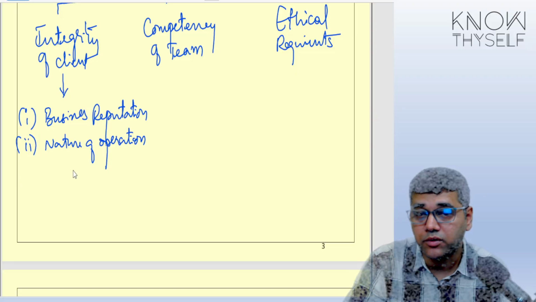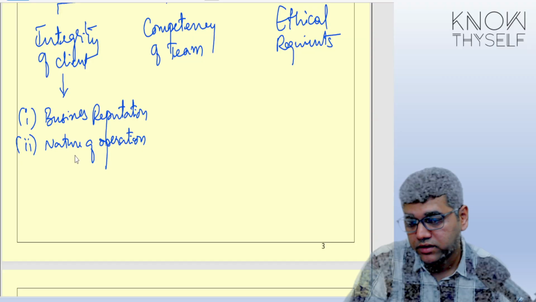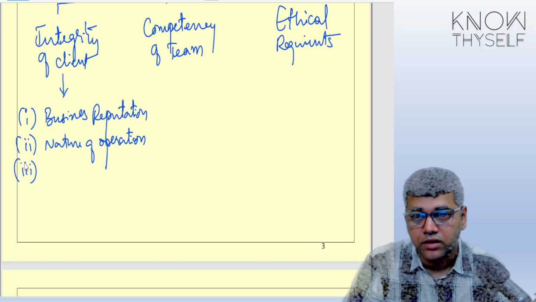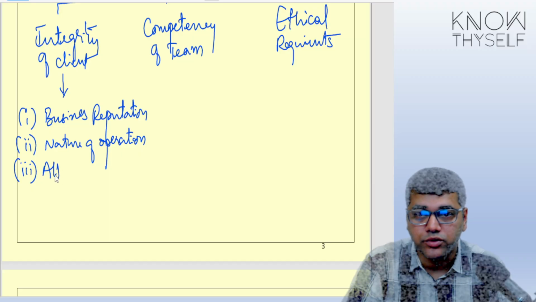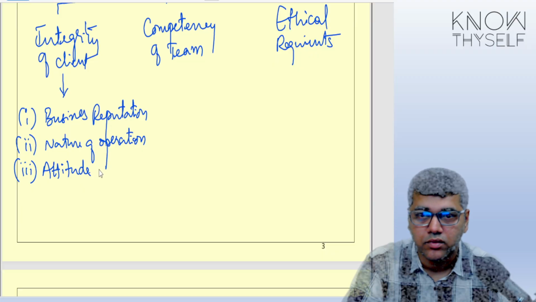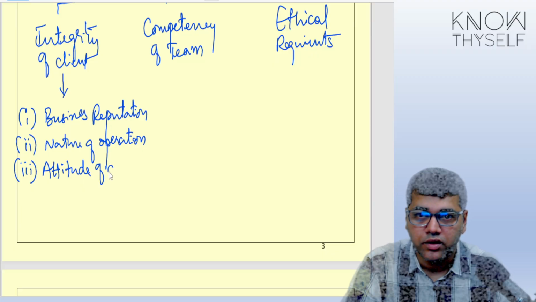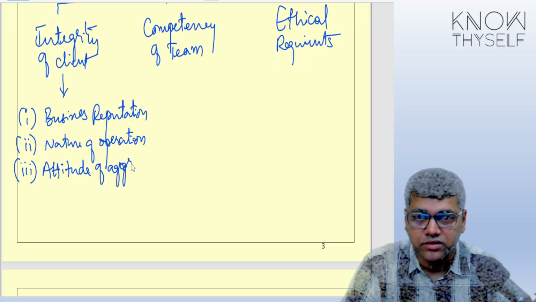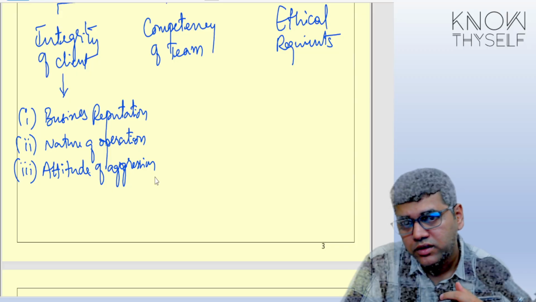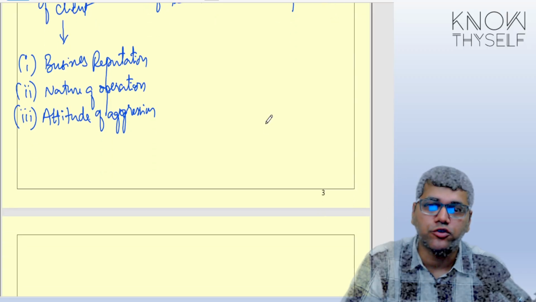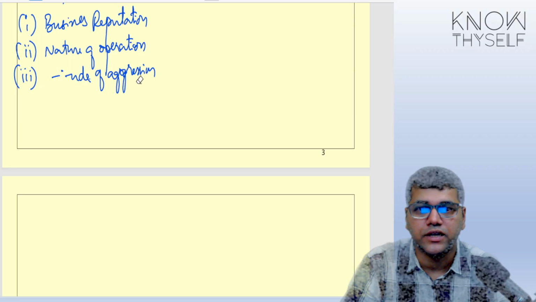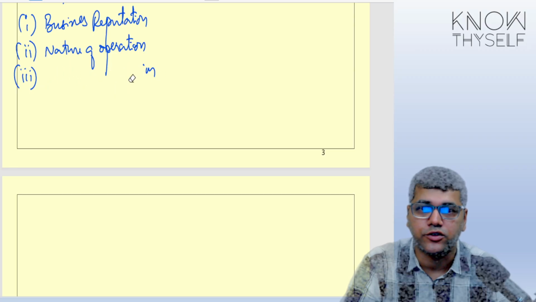This creates a doubt about why they are doing it. Three, attitude of aggression. Somebody is very aggressive in terms of interpretations. You can write attitude of aggression or aggressive attitude.